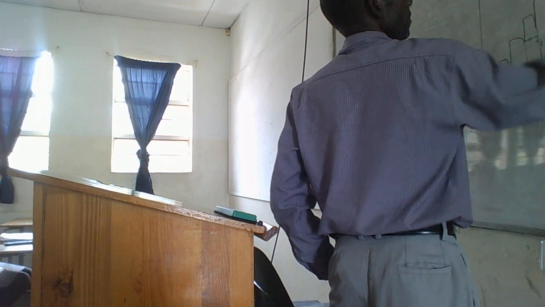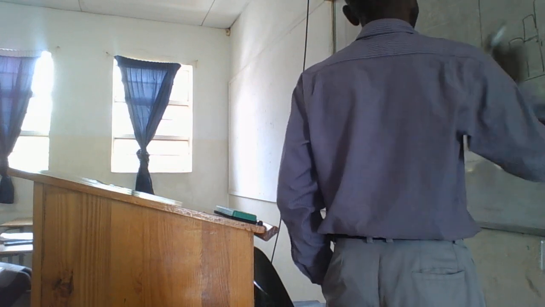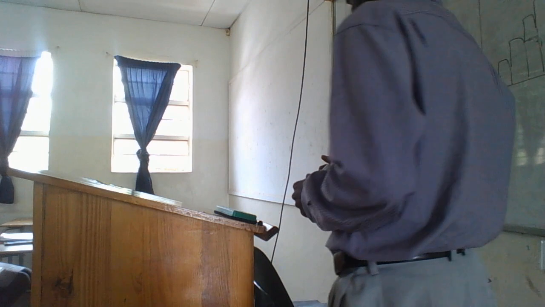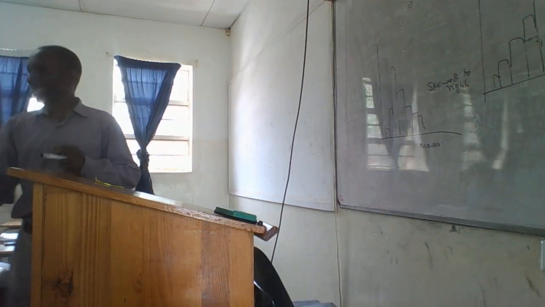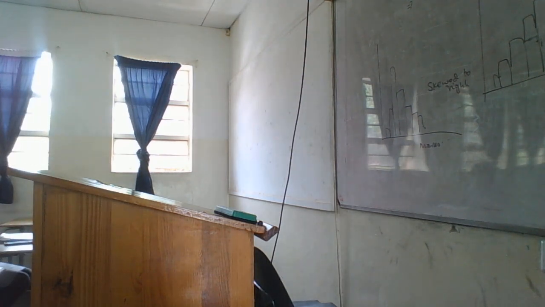You will notice that when you look at that graph, it has the highest peak at the higher numbers found here. This is for girls. For boys, the highest peak is just closer to the small numbers down here. Which means if you are comparing the two, it is the girls who are performing better than the boys.